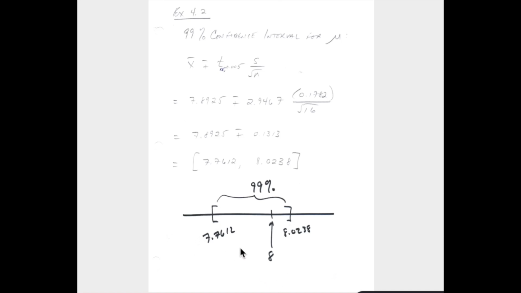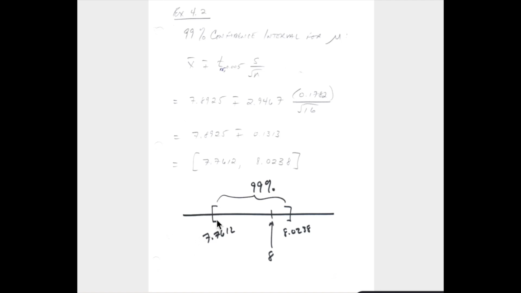Now notice that for the 99% confidence interval, 8 is actually in this interval. And so if we were to use this interval instead of doing a full-blown hypothesis test, if we were to just use this confidence interval to draw a conclusion, we would draw the same conclusion that we did when we used a 0.01 level of significance.